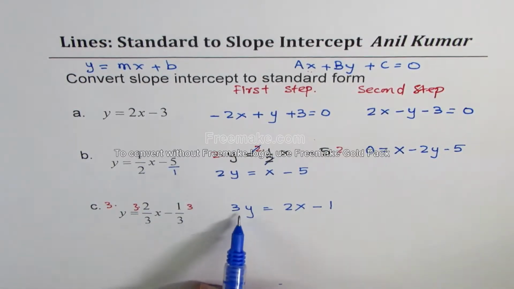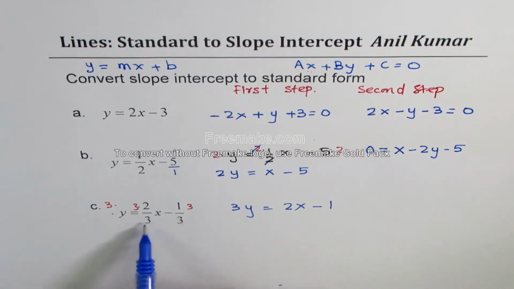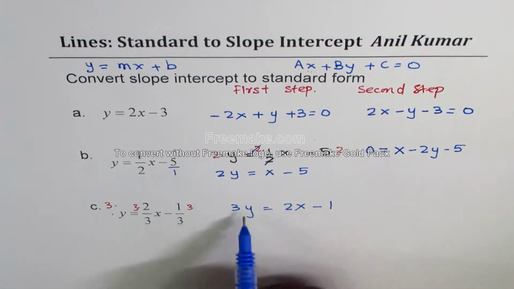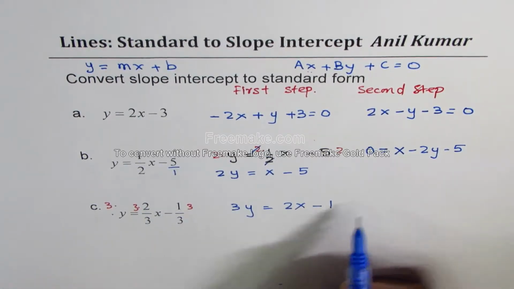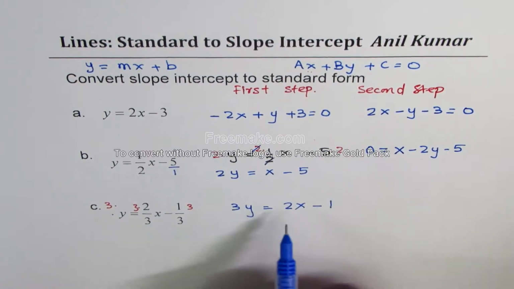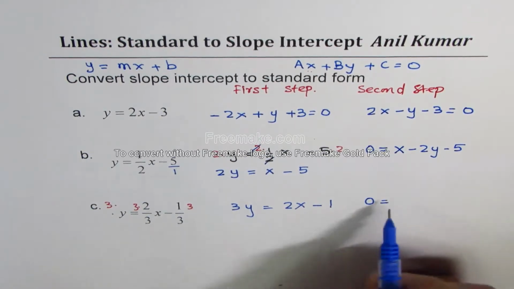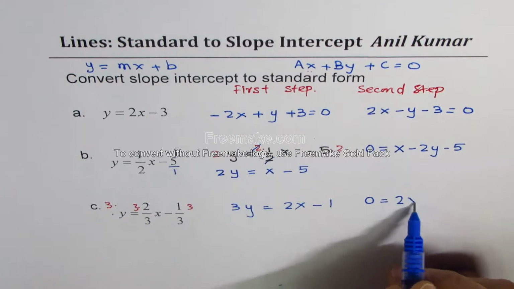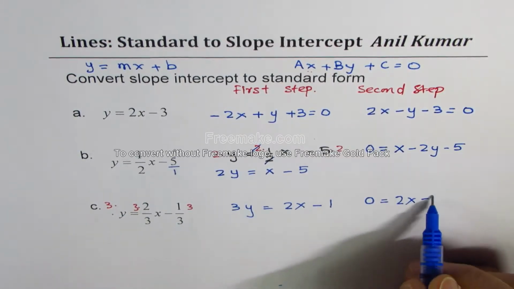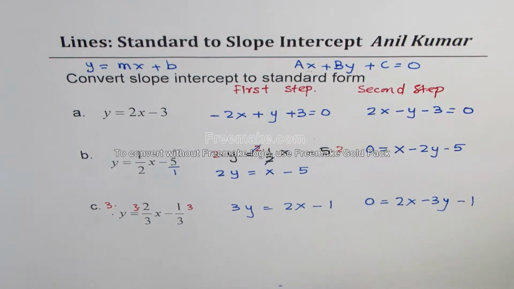You could do it naturally: multiply by 3, so you get 3y, these two 3's vanish, so you get 2x minus 1. Now bring the terms together. Again, I've purposely done it this way so that you get used to writing 0 on the left side also. So you could write this as 2x, taking 3y to the right side, and we already have minus 1.